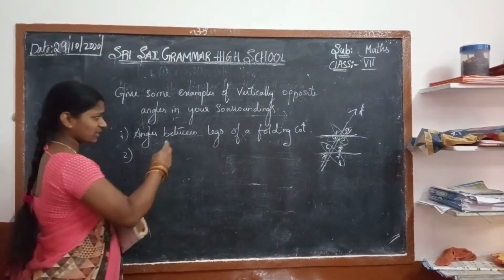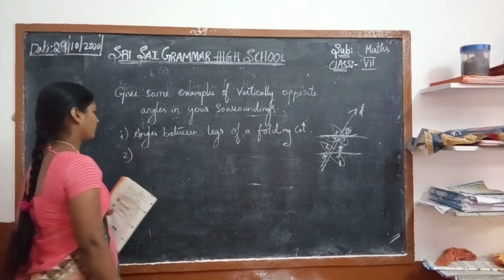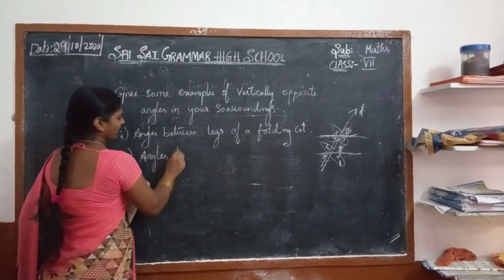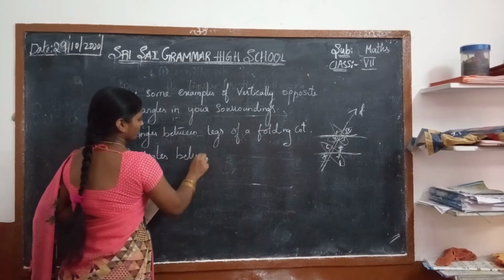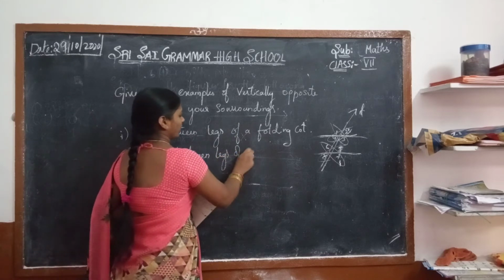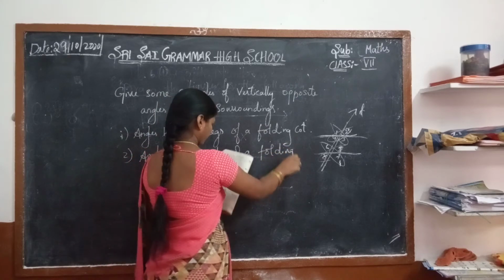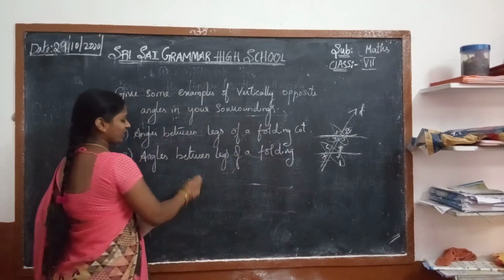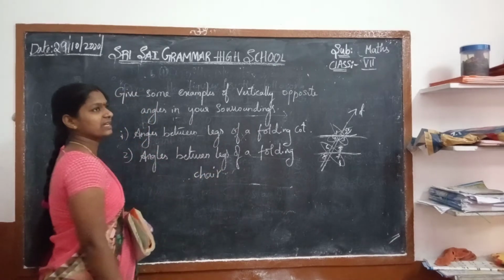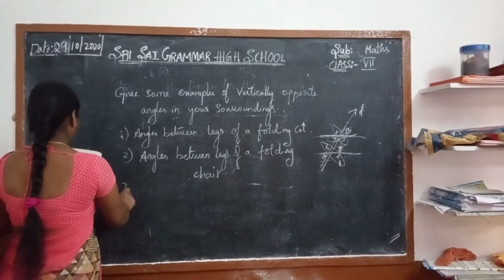Now, what is present in our surroundings, we are going to write. Angle between legs of a folding cot, vertically opposite.